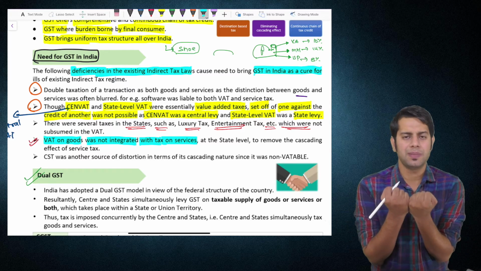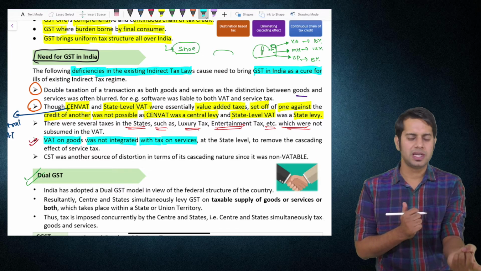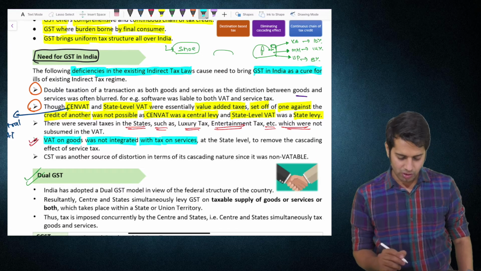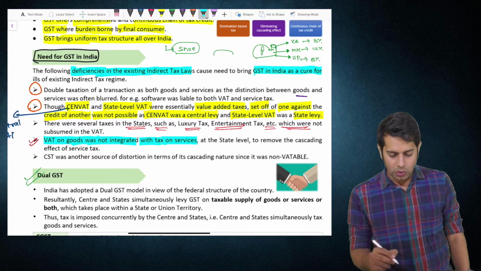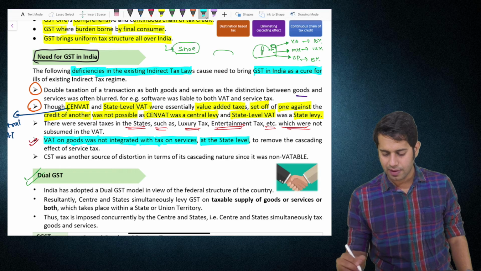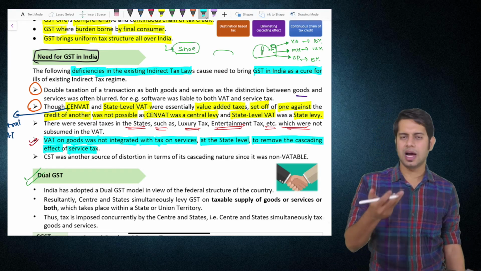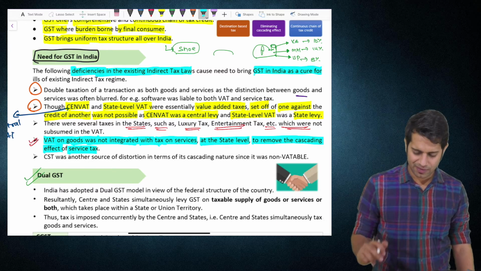There should at least be some integration. No, there was no such integration. Reason being, VAT is collected by the state government, service tax is collected by the central government. The VAT on goods was not integrated with the tax on services at the state level, and the cascading effect of services increased, and they never removed it.